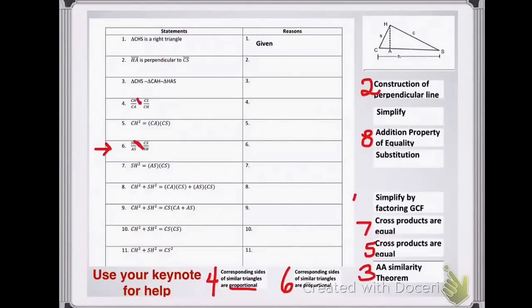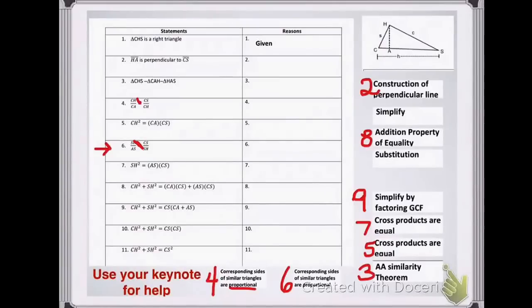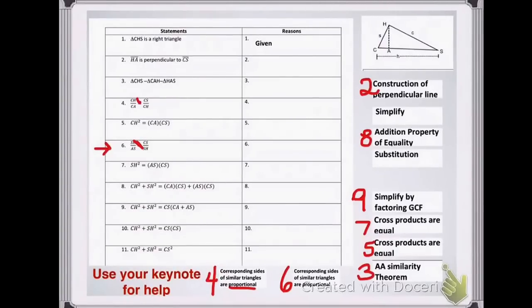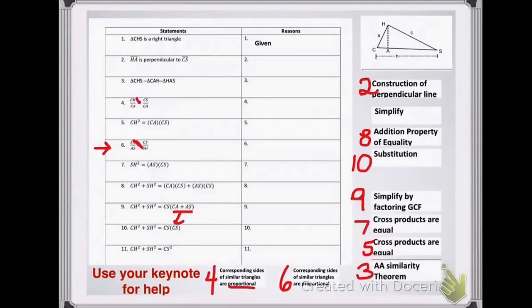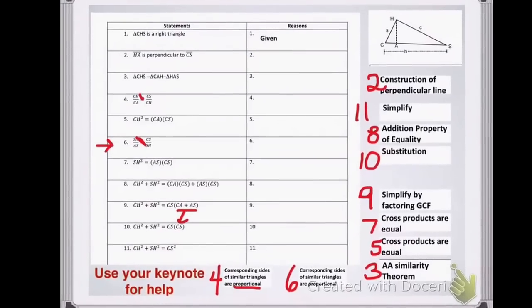So that would be simplifying by using the greatest common factor. 10, CH squared plus SH squared equals CS times CS. So I've substituted in. Right, so that would be substitution. And then the last thing I've done is I've simplified because I've multiplied CS times CS. So there's my proof.